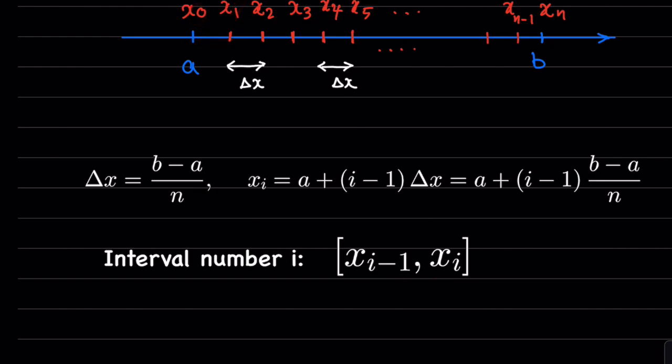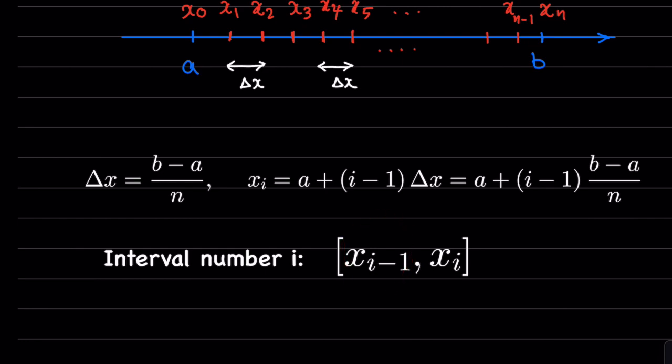So the right-hand side index matches the number of this subinterval. This is subinterval number 1, and the right-hand side is x1. So you see the subinterval number i will look like x(i minus 1) and xi, meaning that the right-hand side of interval number i will be xi, and the left-hand side will be x(i minus 1).